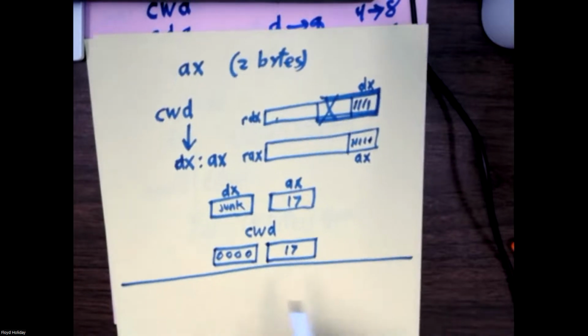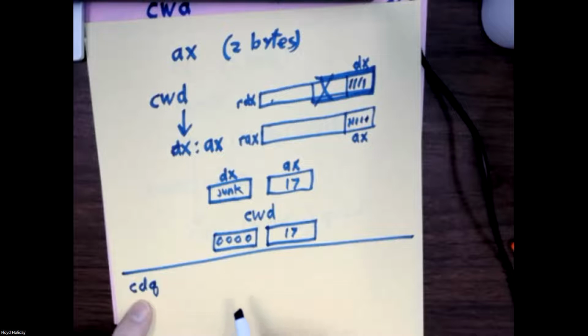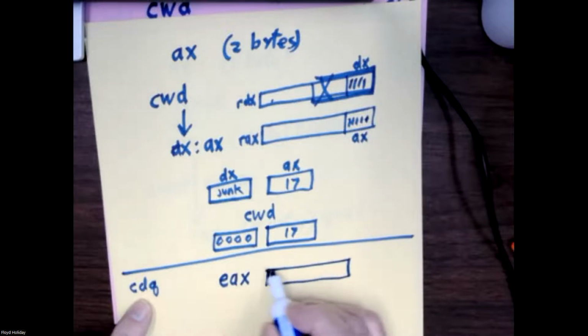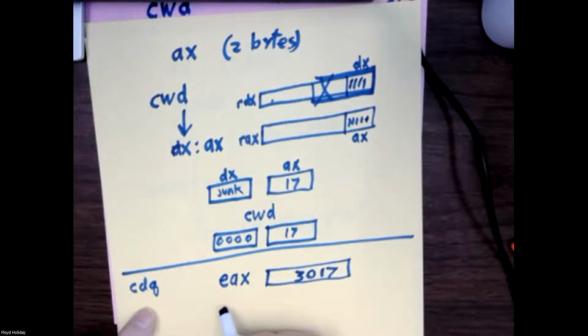Now we go up 1 level. Next level up is CDQ. It means we start with a double in RAX. The double is known as EAX. So it has some number, I don't know, 3017. The double in RDX is known as EDX.